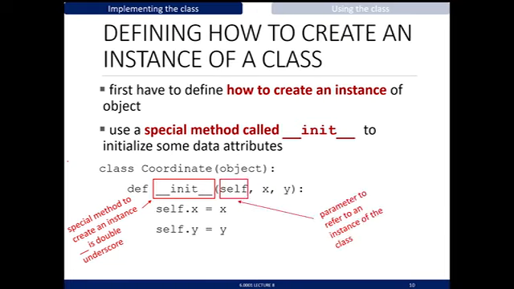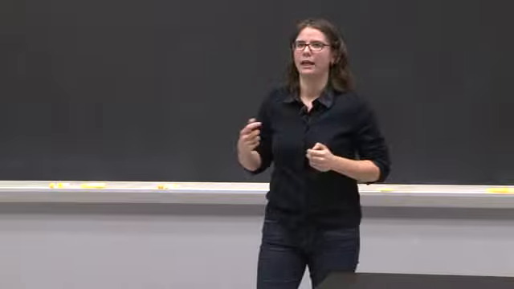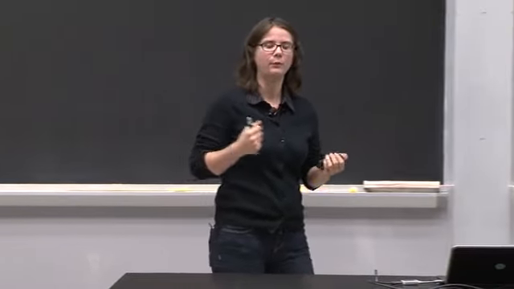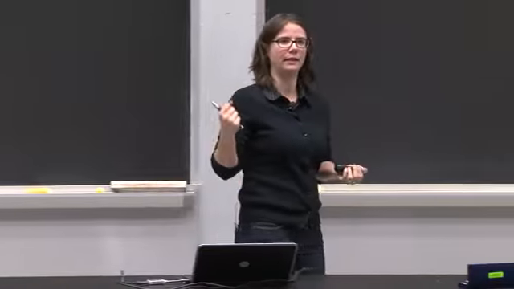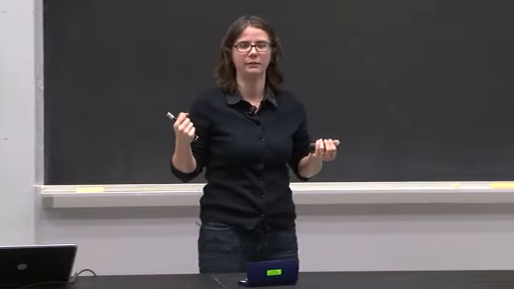This self, however, is a little bit trickier. The self is a parameter, when you define this class, that represents a particular instance of the class. We're defining this coordinate object in a general way. We don't have a specific instance yet because we haven't created an object yet.